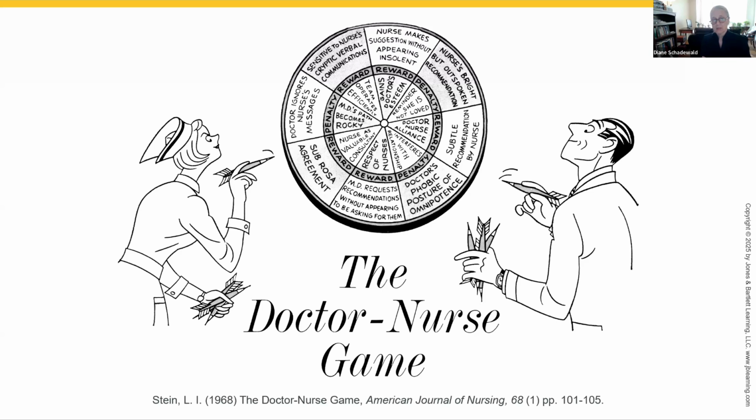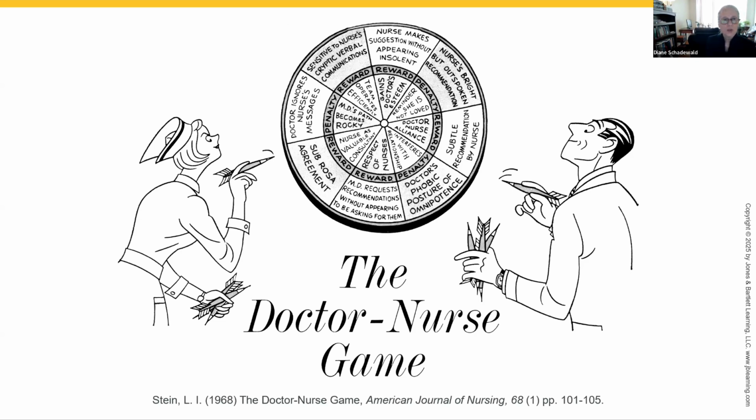Looking at the past, historically, there was an article published in 1968 in the American Journal of Nursing called The Doctor-Nurse Game. And in this game, the nurse would need to make a suggestion without appearing insolent.